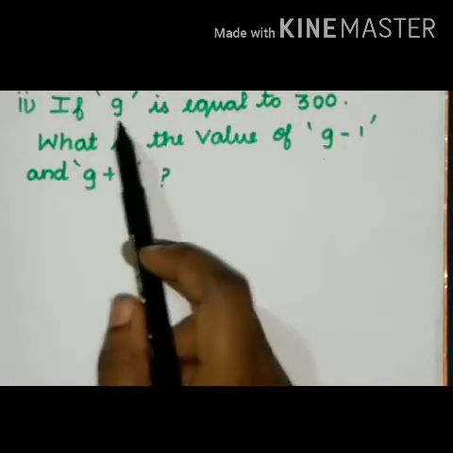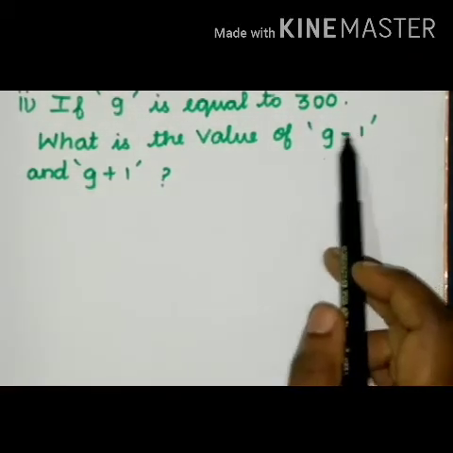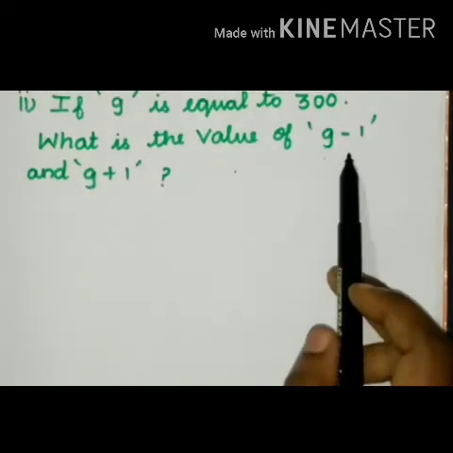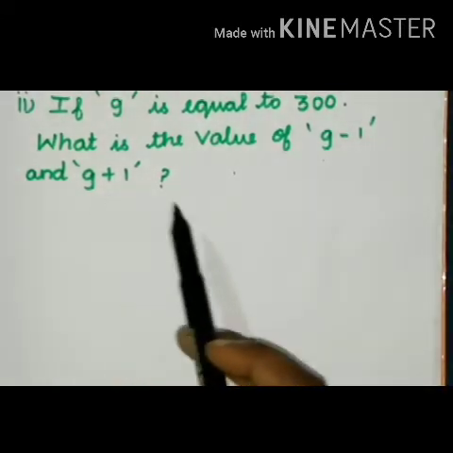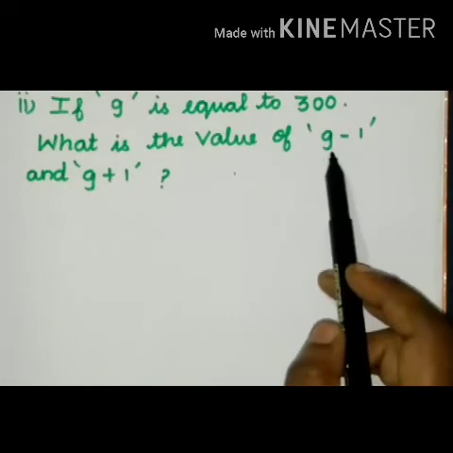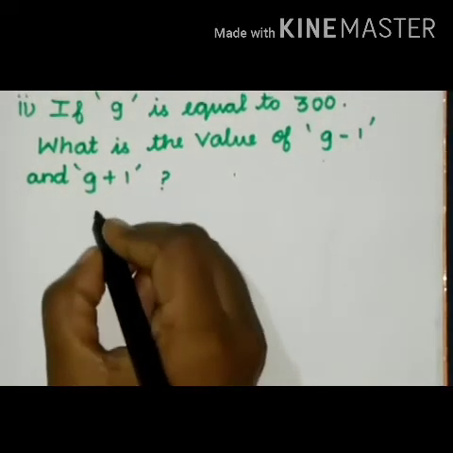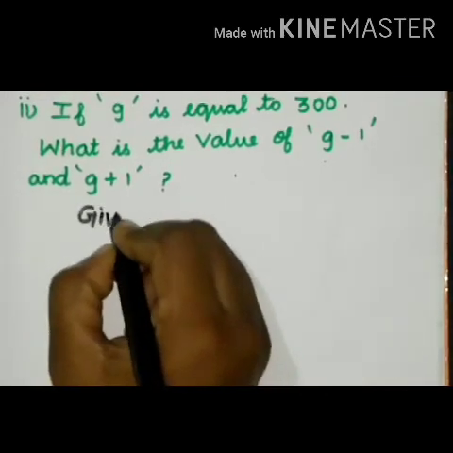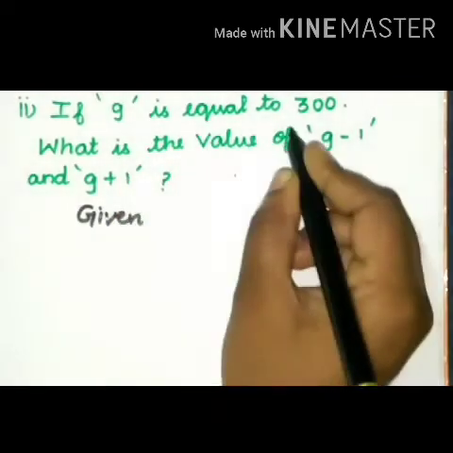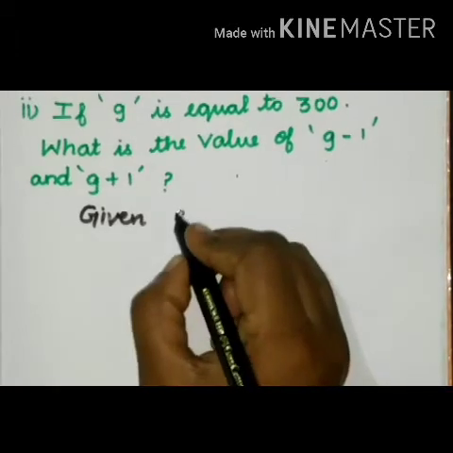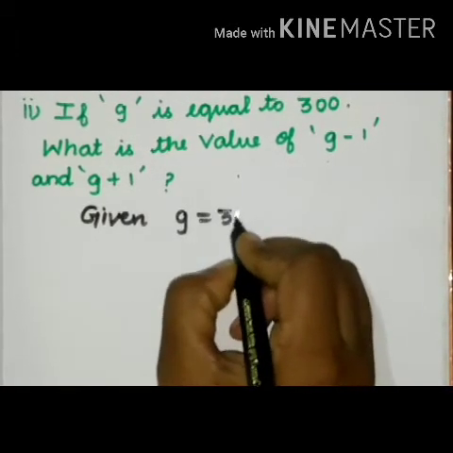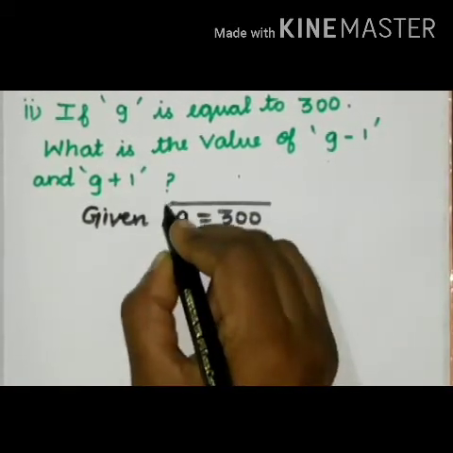Second one, if g is equal to 300, what is the value of g minus 1 and g plus 1? Here g is a variable, 1 is a constant value. Here the given question is g is equal to 300, which means g equals 300.